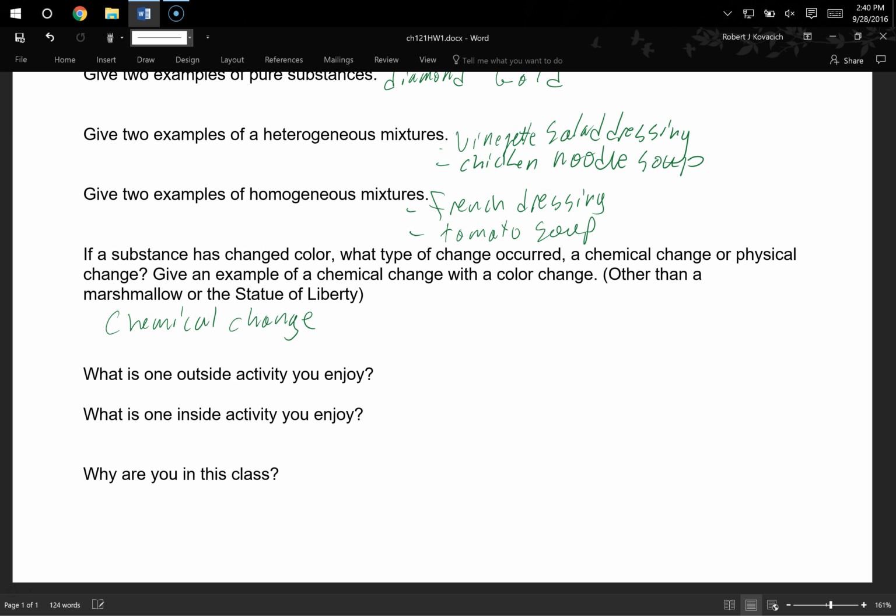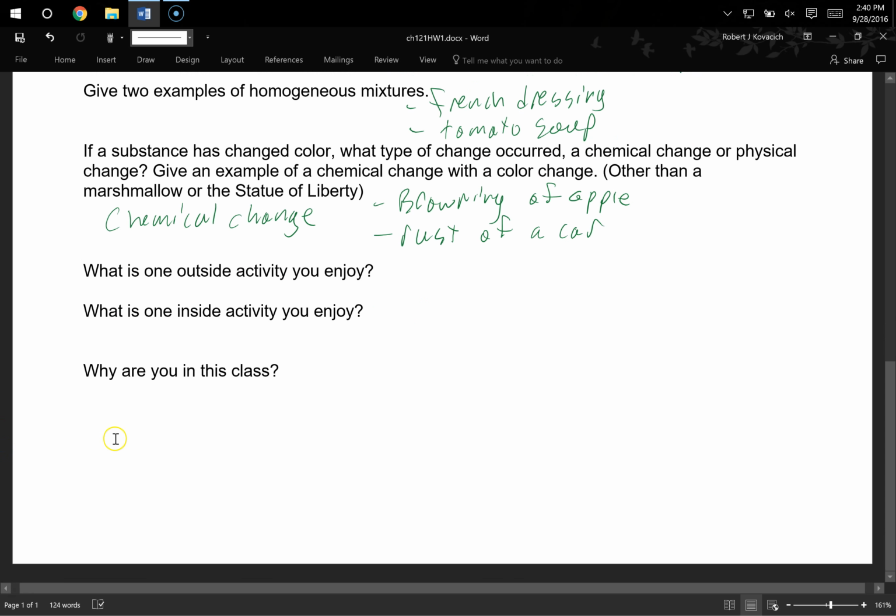So let's go, not oxidize, even though that's what it is. Let's go with browning of an apple, and rust of a car. And then I'll just look over these last three.